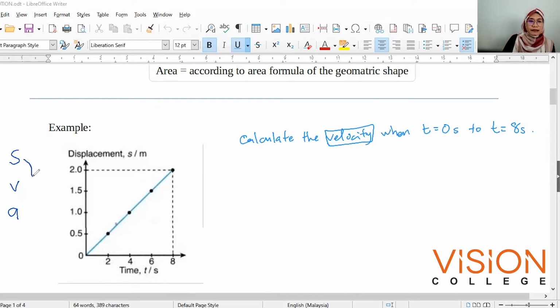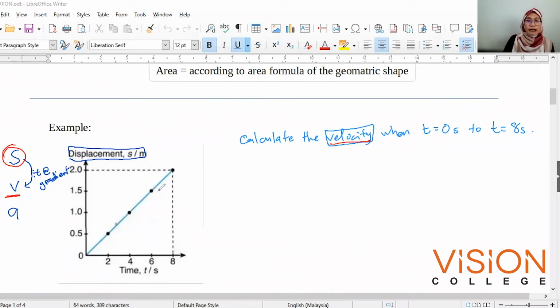So from displacement to velocity, I have to divide by time, or in terms of graph, I have to calculate the gradient. Again, the question gives us the information about displacement and wants us to find the velocity.